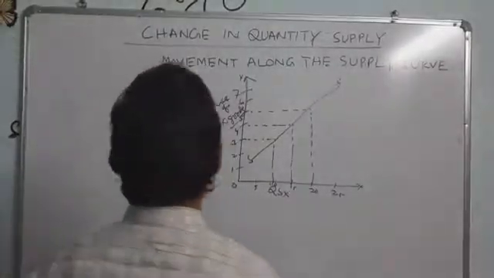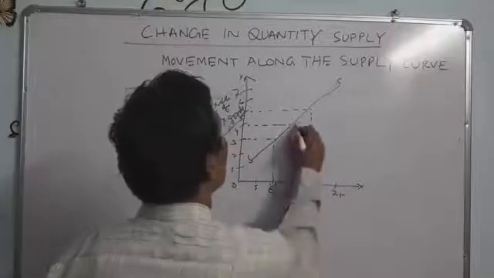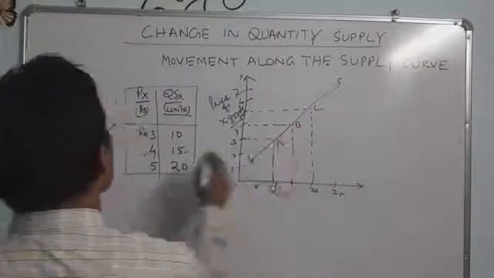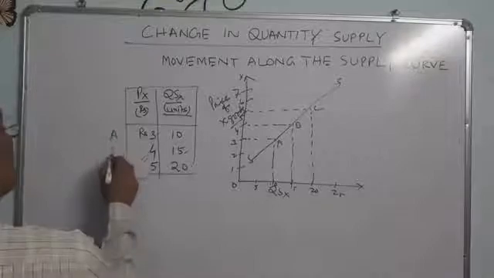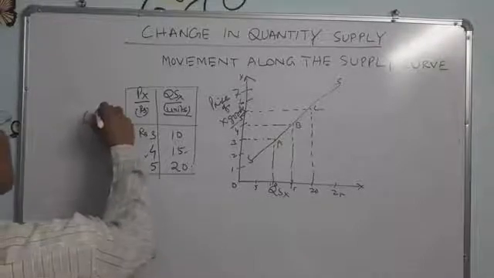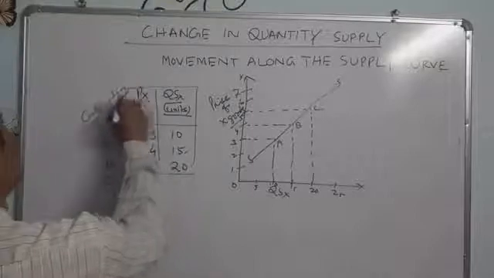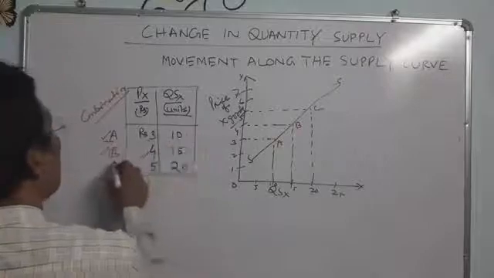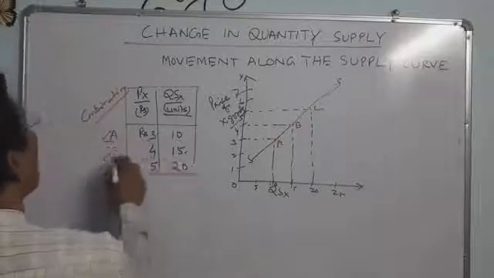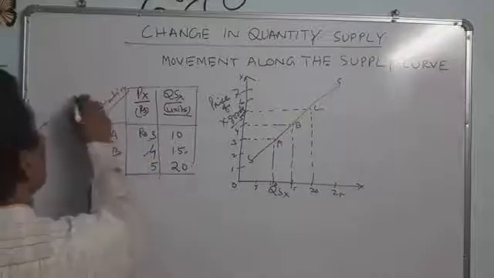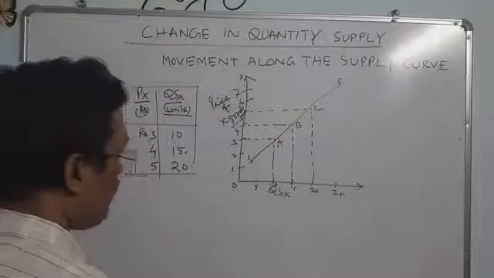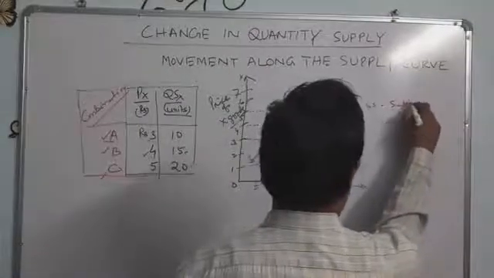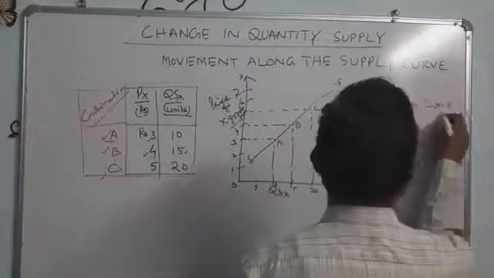Let this be point B, this be C, and this be A. A is 3 rupees, 10 units; B is 4 rupees, 15 units; C is 5 rupees, 20 units. When we join A, B and C, SS is the supply curve.